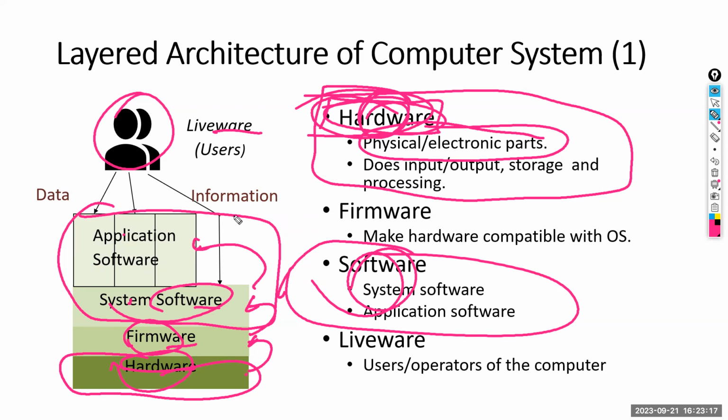We can subdivide software into two: system software and application software. System software is predominantly your operating system: Windows, Android, iOS, Linux. Remember, we have a separate topic called operating systems.